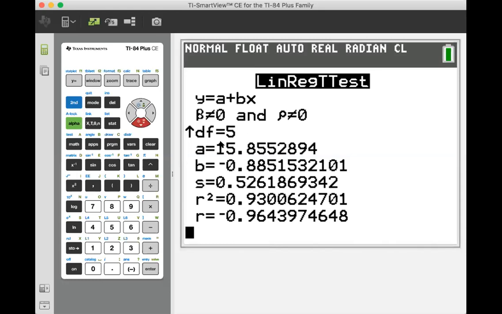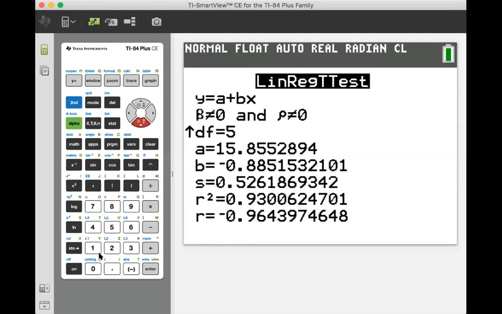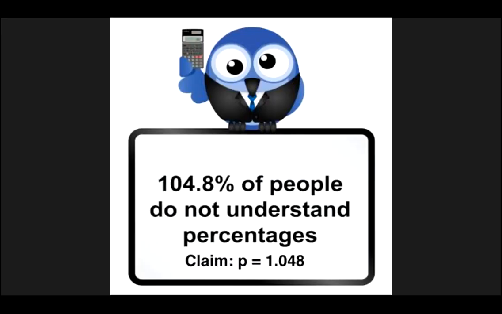So we need to know what this equation is: 15.855 plus or minus 0.885x, okay? And so let's get out of here. Oops, okay, we won't use that again anyway. And let's go back over to the problem.